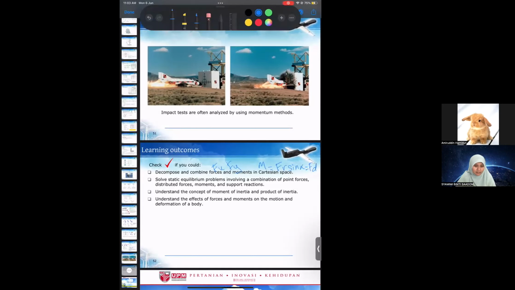Next, solve static equilibrium problems involving a combination of point forces, distributed force, moments, and support reactions. Equilibrium means the sum of the force equals 0, or the sum of the moment equals 0. That means the material is in static equilibrium.